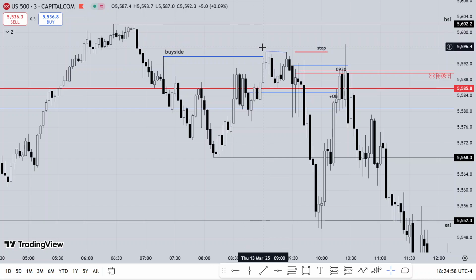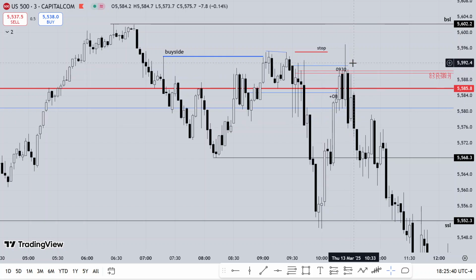Now, when you have an SMT formation, you have one of the three indices, in this case, we're using the indices. When you have one of the indices failing to take out its previous recently created high, this is the algorithm signifying to you that we are in fact bearish on that particular asset class, and that means the market that failed to take out its previous high, that had a failure swing, will be the one to trade lower.